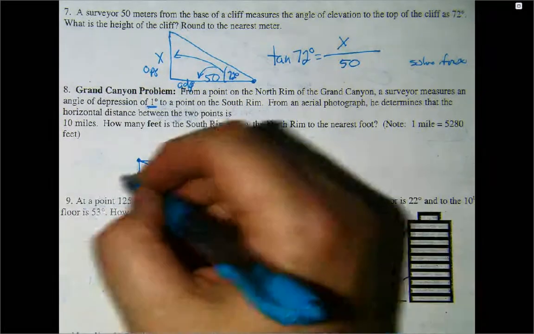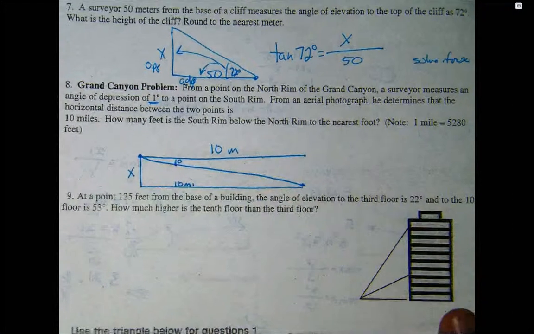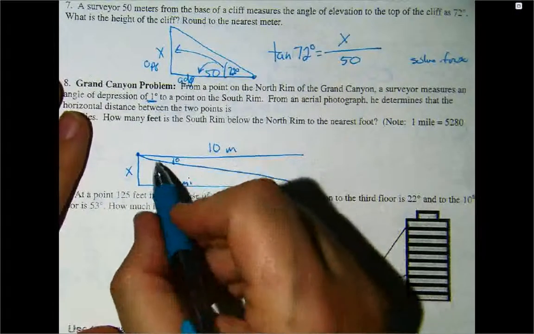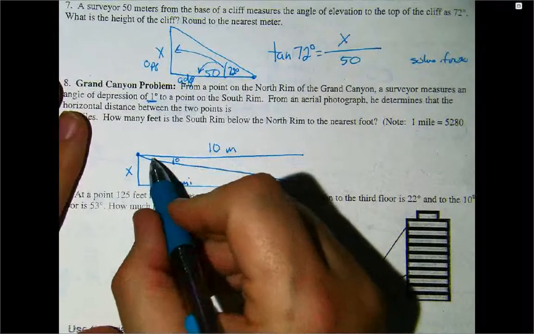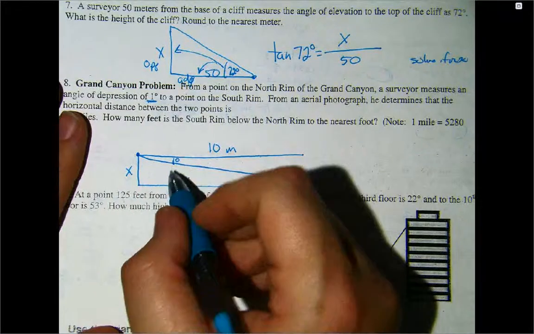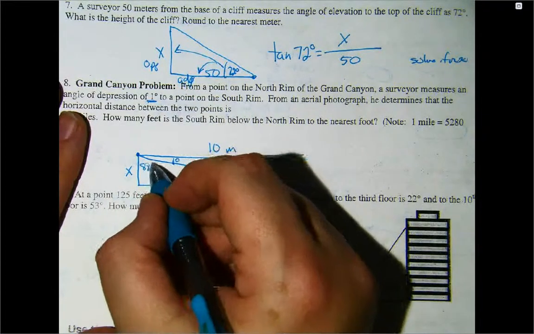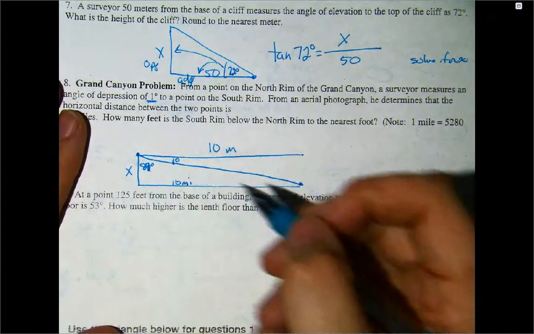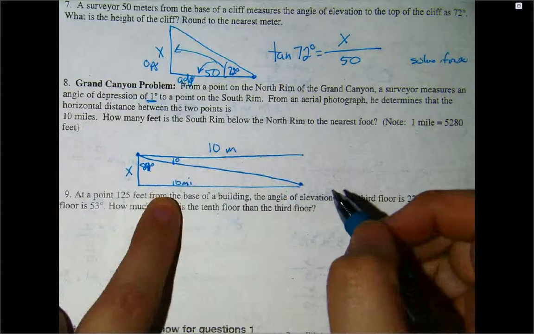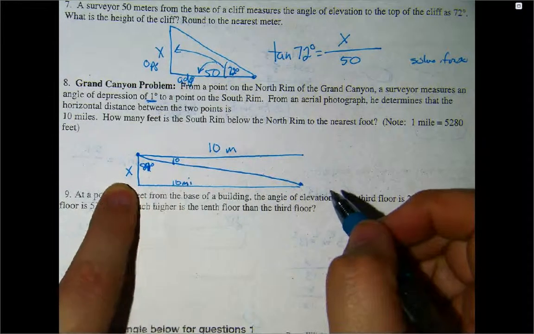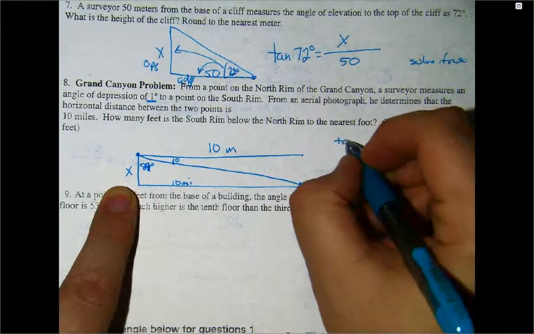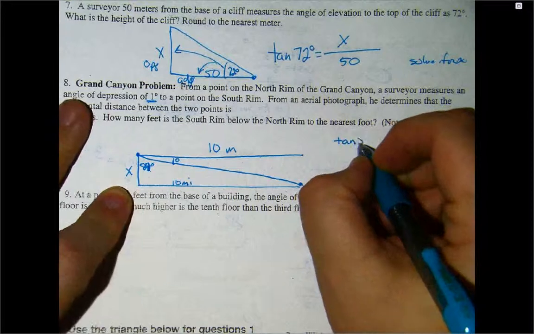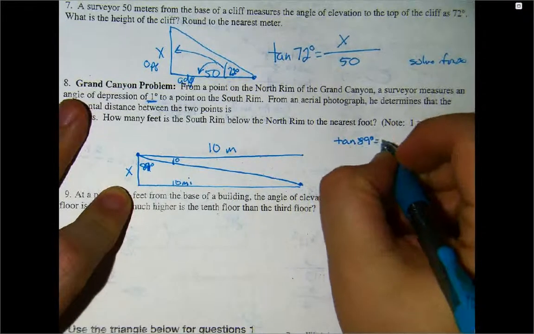Now, if this is 90 degrees, I take 1 degree away, this is 89 degrees. I have opposite and adjacent, so I can say that the tangent of 89 degrees is equal to 10 over x. So x is equal to 10 divided by the tangent.